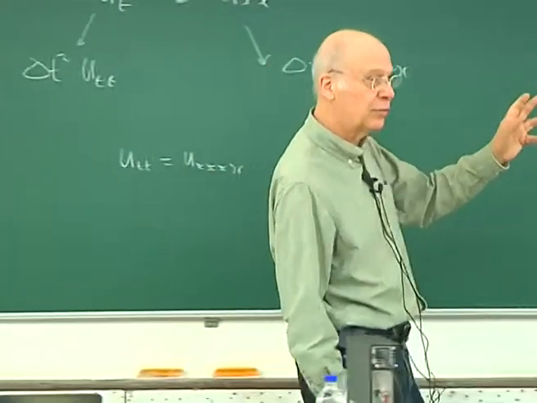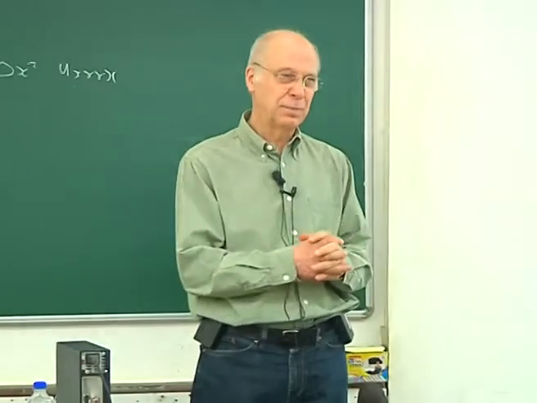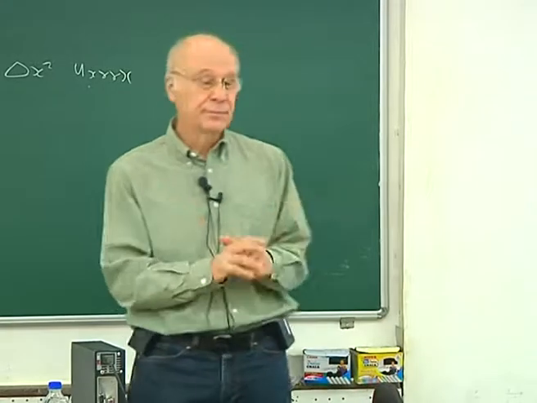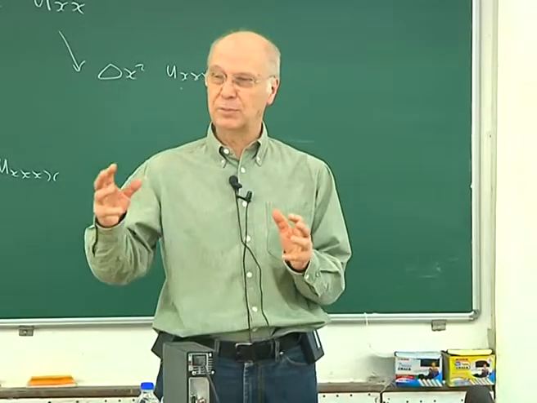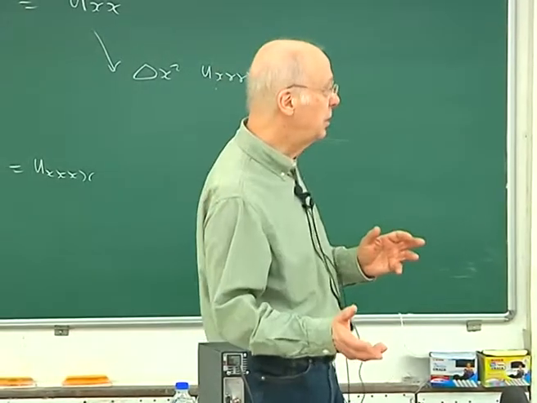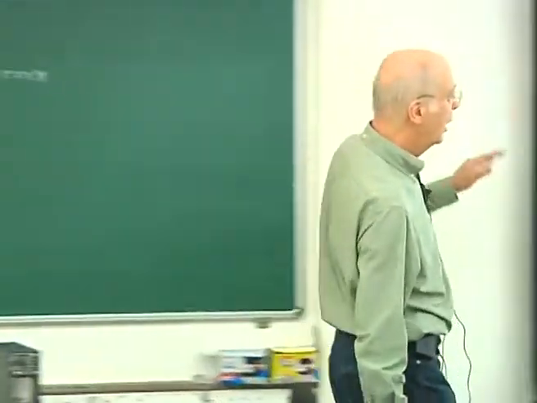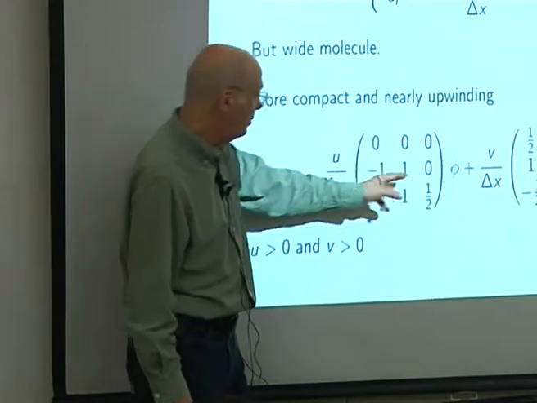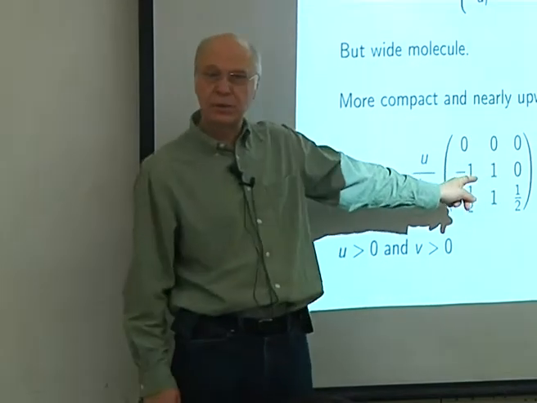There's a compact form, which is nearly right. So this doesn't quite propagate information downstream. It does use a bit of upstream information in certain circumstances. So this is written out for u and v being positive. Okay, so I have to go through what's happening here. The middle point is the point of interest.